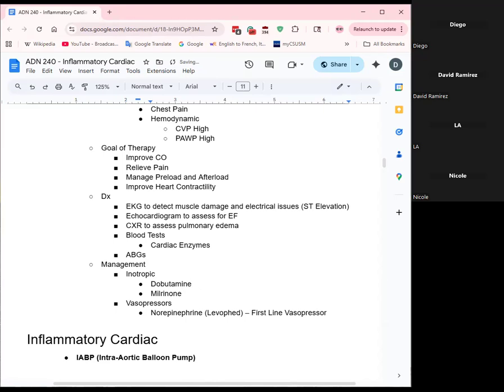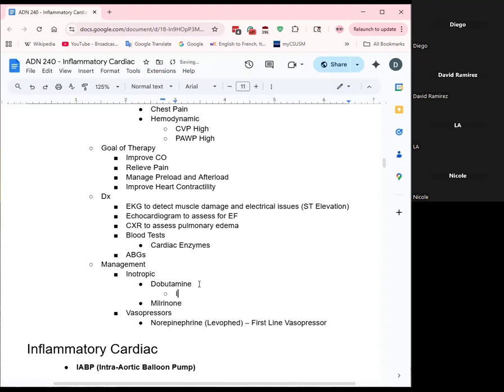So dobutamine, overall, what does this medication do? It's going to help increase contractility, leading to an increase in heart rate and cardiac output. It's going to improve how well the heart's able to pump stuff out. So if you're having pump failure, it helps to get some of that pumping across.